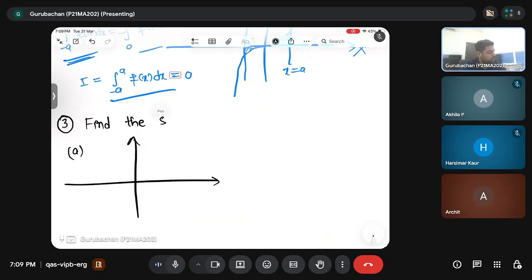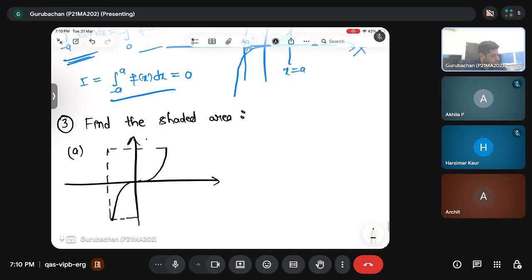Let me write it as shaded area. This is under root 2, this is minus under root 2.